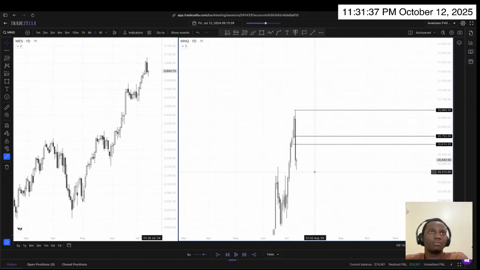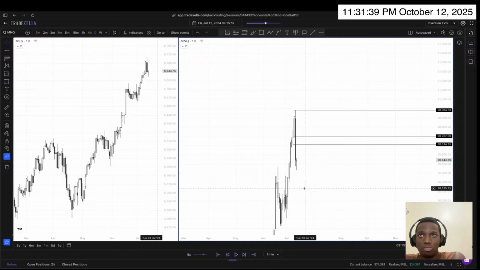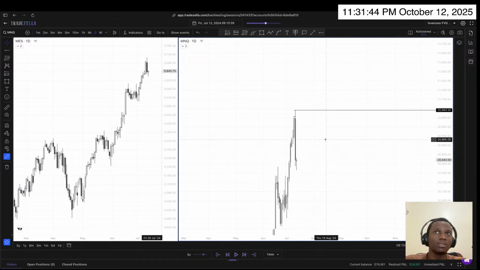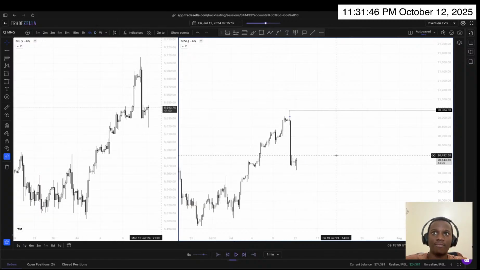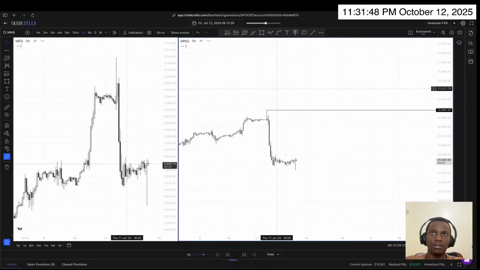Okay, very crazy flip bearish. I think we could be bearish, but from some kind of retracement. 4 hour, 1 hour.